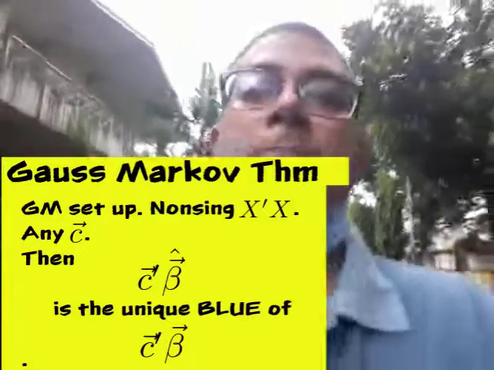Well, we have seen the Gauss-Markov model and the Gauss-Markov theorem. I also mentioned that the theorem we have seen so far is just a simple version of the Gauss-Markov theorem. Let's quickly recall what that was.